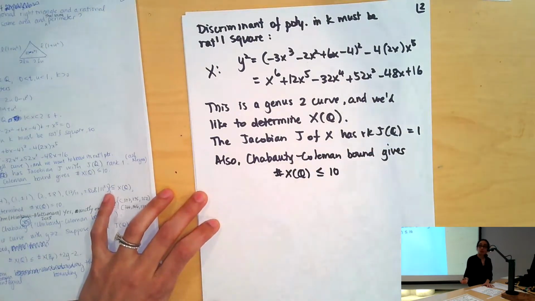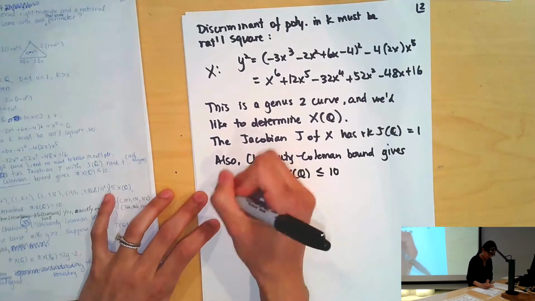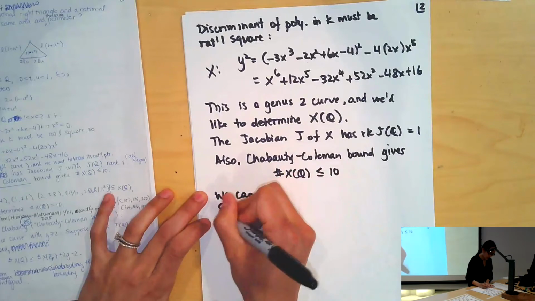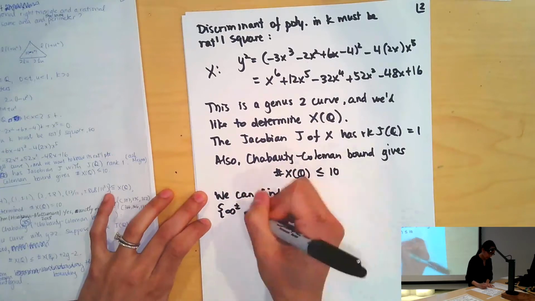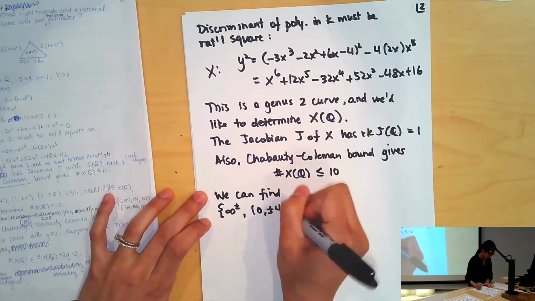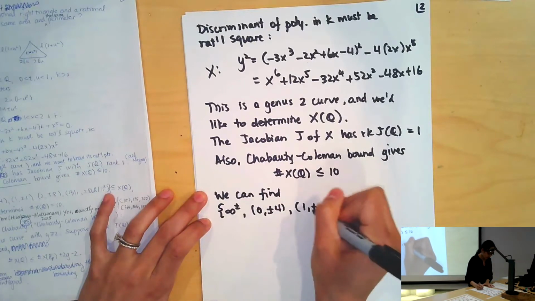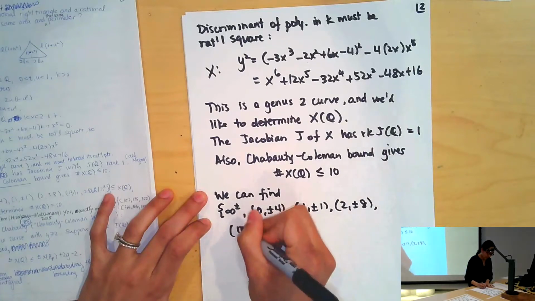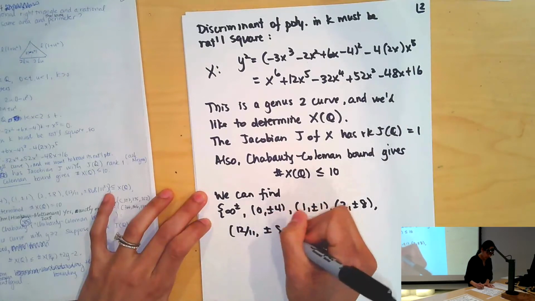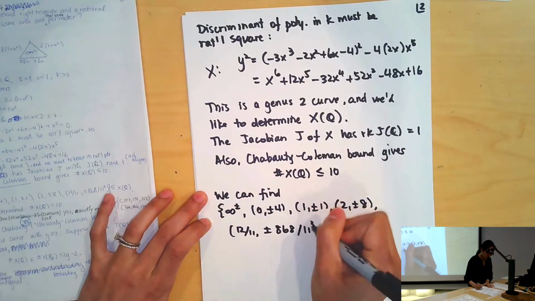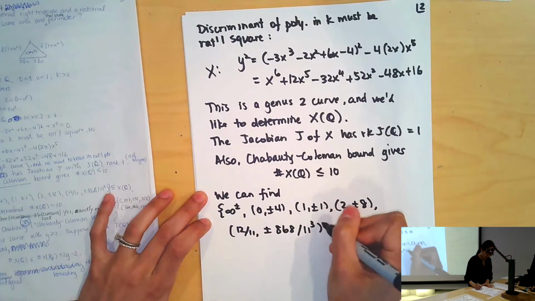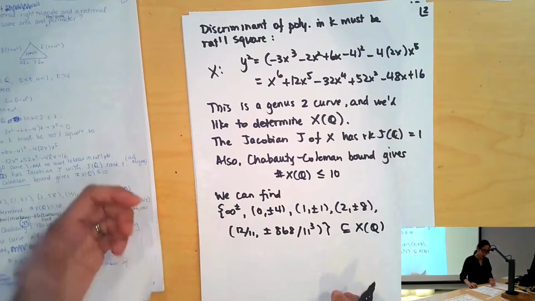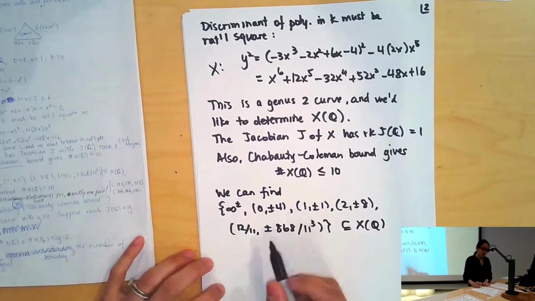So let's look for some rational points on this curve. So we can find the following. So we have some points at infinity, and (0, plus or minus 4), (1, plus or minus 1), (2, plus or minus 8), and (12 over 11, plus or minus 868 over 11 cubed). So we've found 10 rational points.